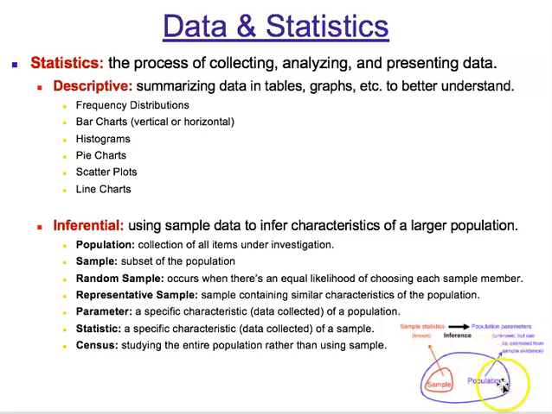Well, my population would be San Diego because that's what I'm trying to investigate. But it's unrealistic to go out and ask every person in San Diego how much they make to get to an average. So I collect a sample, which means maybe I randomly select 100 people from the millions.